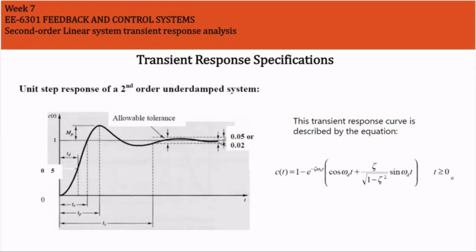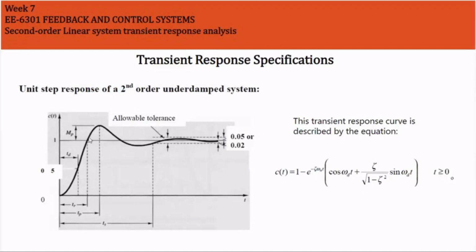We have parameters that we need to consider: TR, TP, TS, MP, and TB. All of them have corresponding definitions.